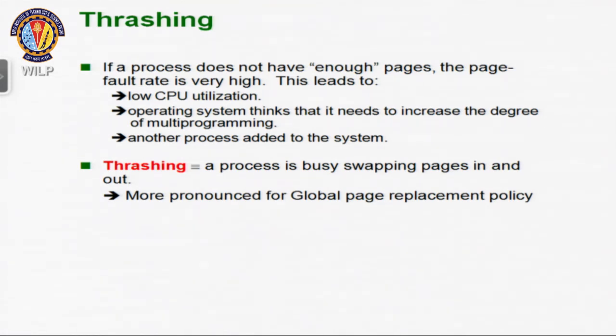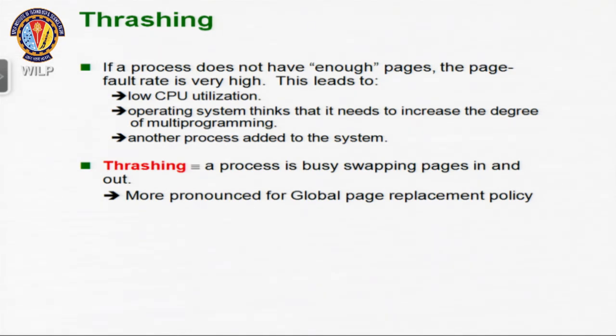When the CPU utilization reduces, the operating system would feel that it needs to improve it. Therefore, it might try to bring in additional processes to increase the degree of multiprogramming in the system.